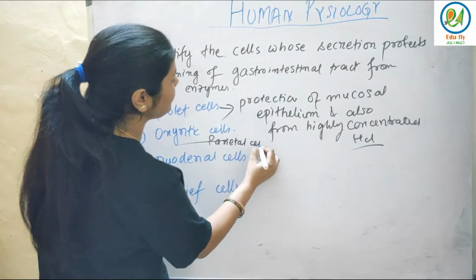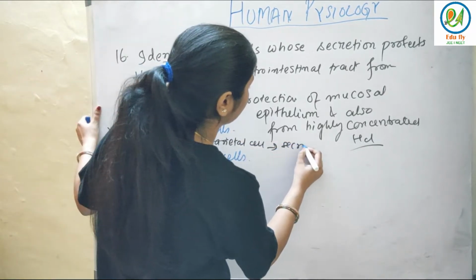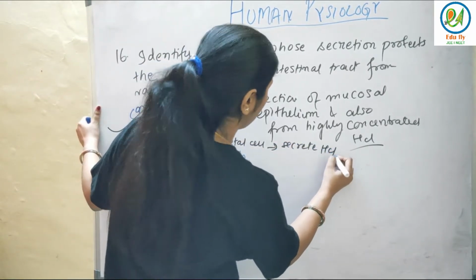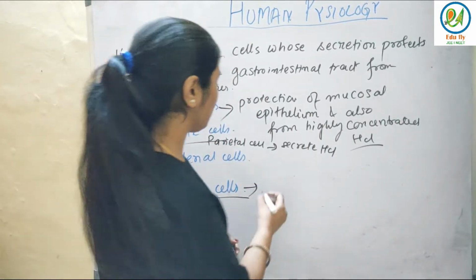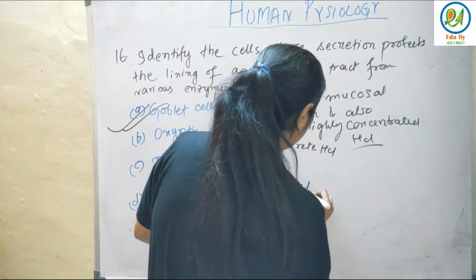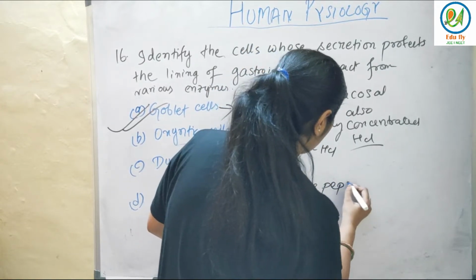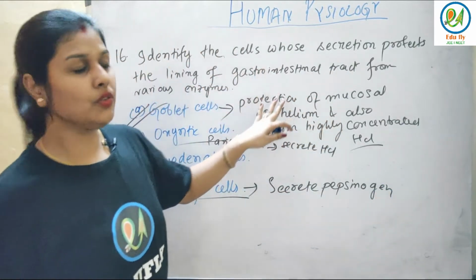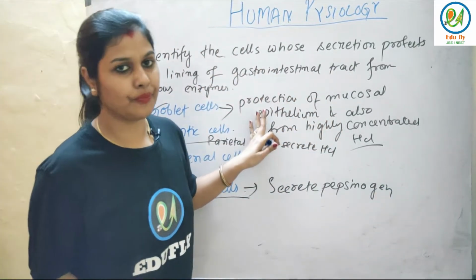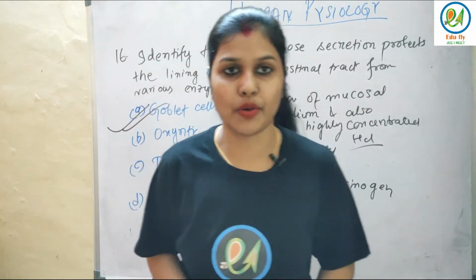Parietal cells will secrete HCl. And chief cells will secrete pepsinogen. You all know pepsinogen. So according to the question, the right option is goblet cells. Done.